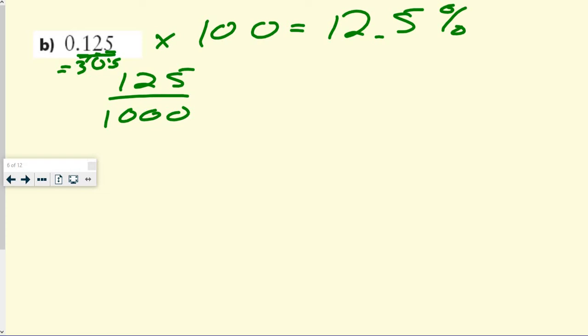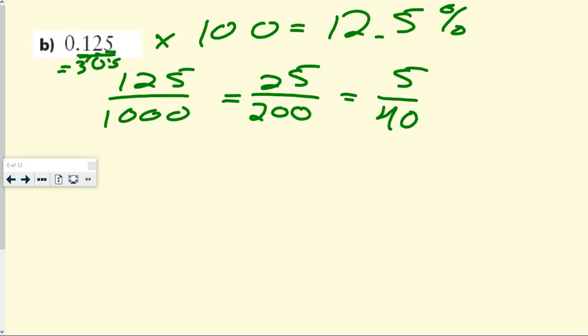So it's 125 over 1,000. It goes to a further place, divided by 25, so lowest terms equals 1 over 8.